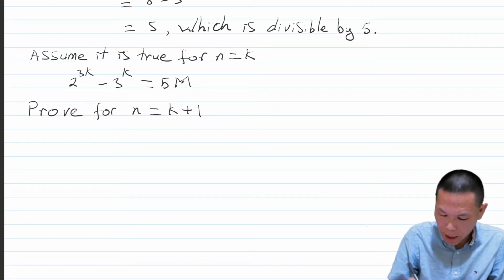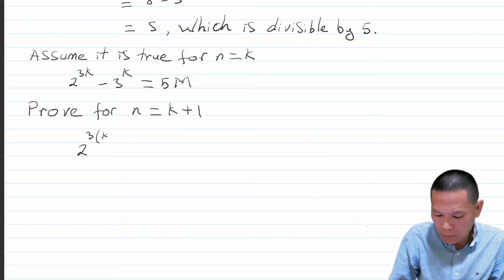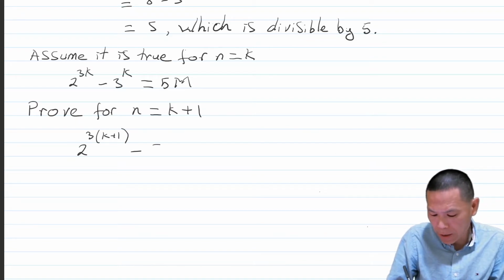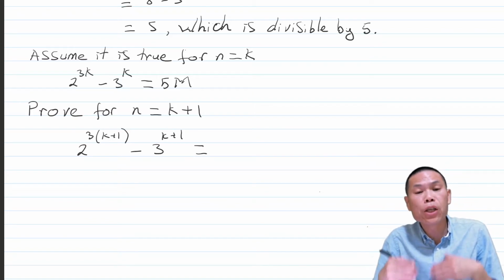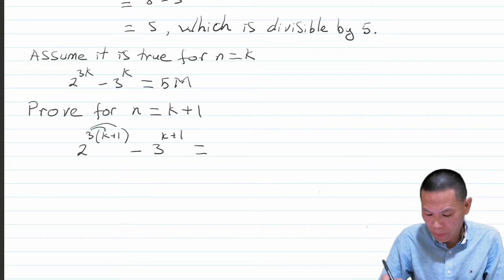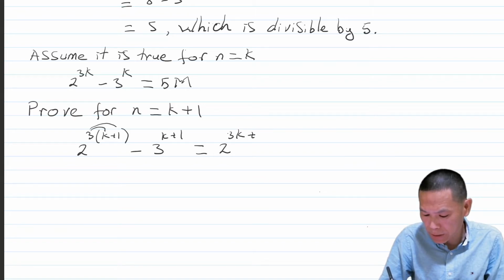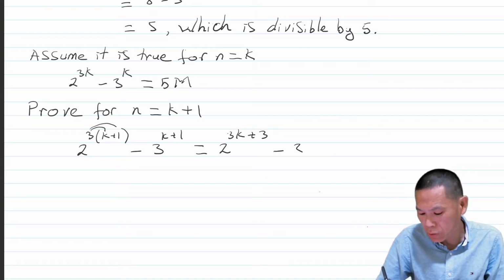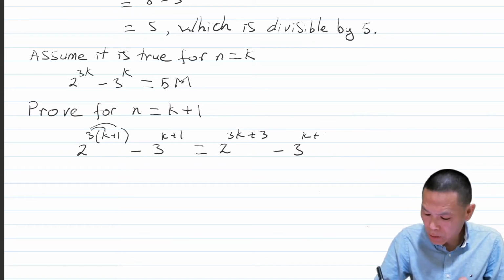So the statement becomes 2 to the power 3 lots of k plus 1 minus 3 to the power k plus 1. So now I just expand the bracket out. So this becomes 3k plus 3. So 2 to the power 3k plus 3 minus 3 to the power k plus 1.